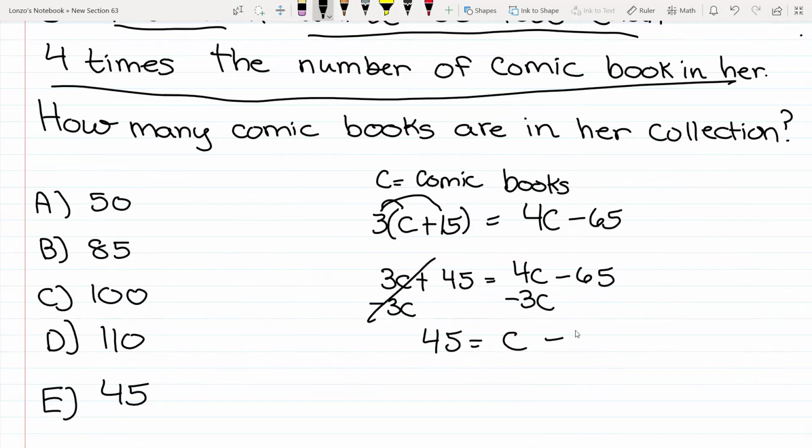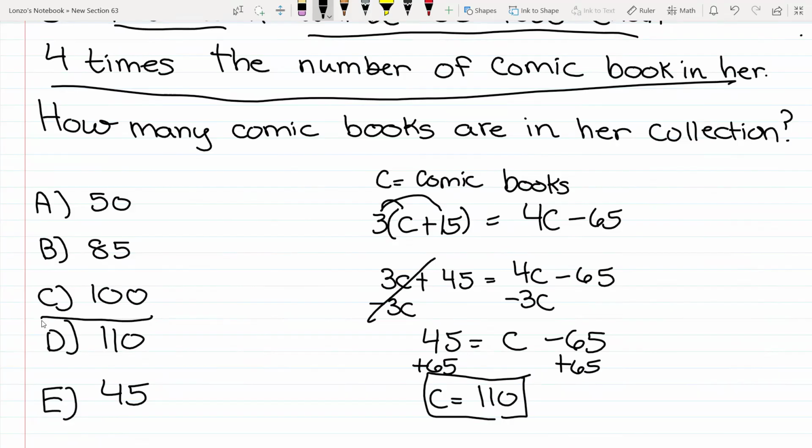And then you have a negative 65. Then I'm going to add 65 to both sides. So I get C equals, what's 45 plus 65? 110. Okay, so how many comic books are in our collection? A total of 110. So that would be letter D.